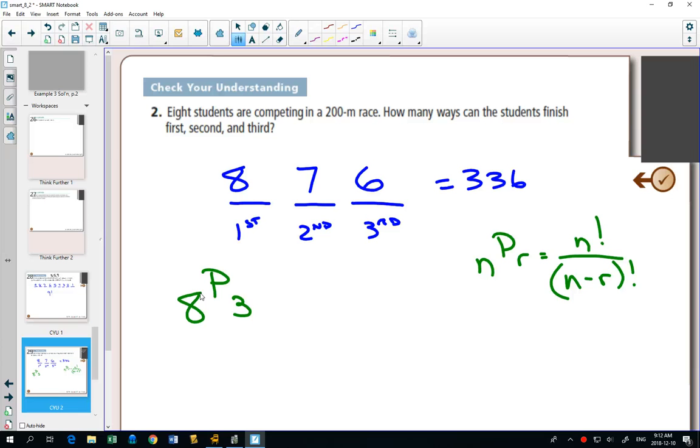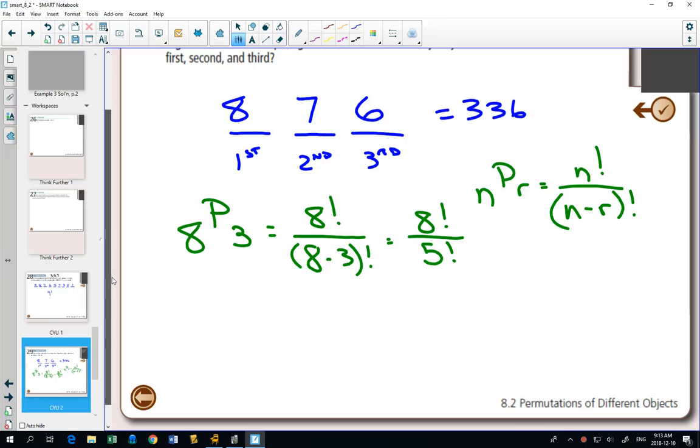We would write this formula out as 8 factorial over 8 minus 3 factorial, which is the same as 8 factorial over 5 factorial. And if we use the definition of factorial, well, 8 factorial is 8 times 7 times 6 times 5 times 4 times 3 times 2 times 1.